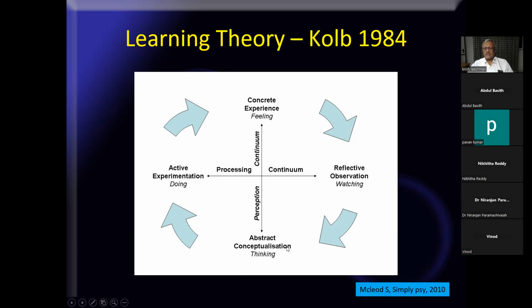And this thinking then leads to doing. And when you do this, feeling, watching, thinking, and doing, all alone, as contrasted to doing it in a group where you exchange ideas, where you exchange the thinking process, where you're exposed to another mind thinking along with yours, the learning will be much, much better.